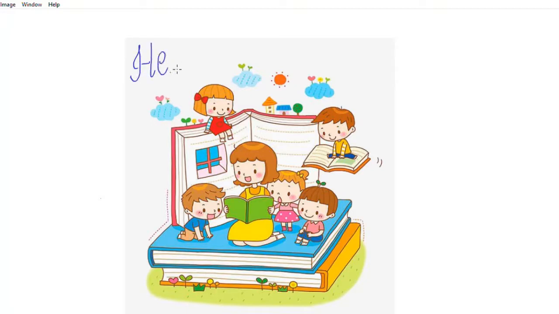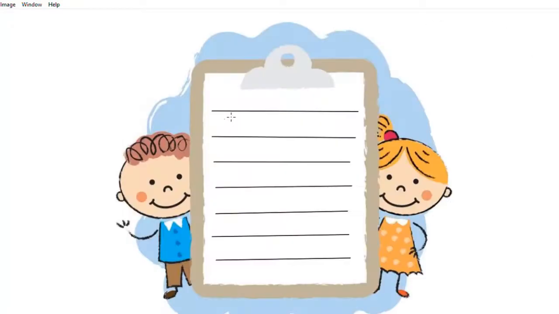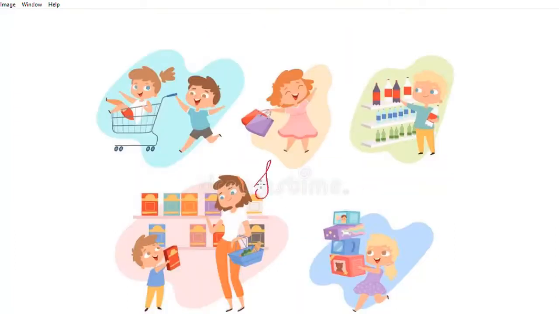Well, you have learned numbers and you have also learned how to add or put together different numbers. But do you know that these numbers and addition can actually help you in solving different everyday life problems? For example, you go for shopping.